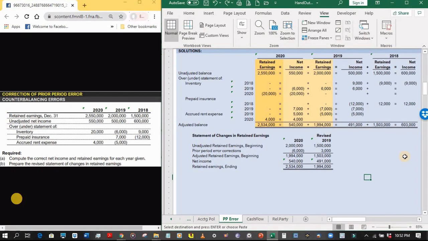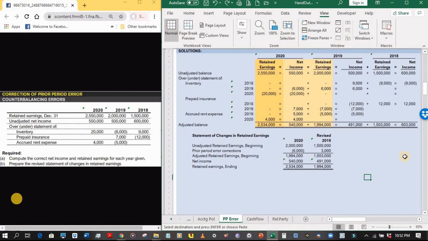So this ends the first part of our discussion on prior period errors. Again, the topic that we have discussed in this video is about counterbalancing and non-counterbalancing errors, which are errors that affect both statement of financial position and income statement. Again, we have other two types of errors, the statement of financial position errors and income statement errors.